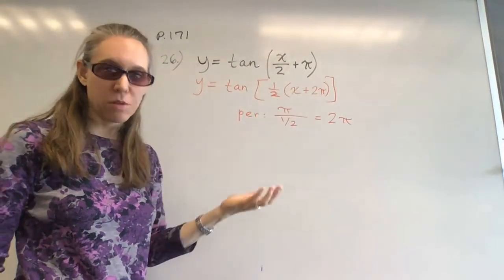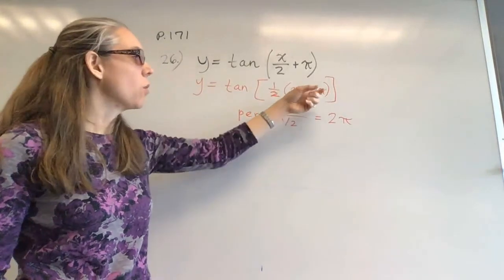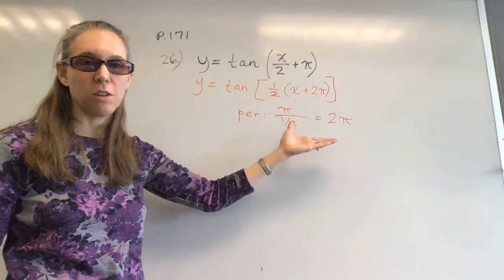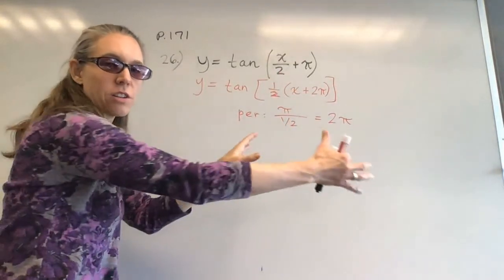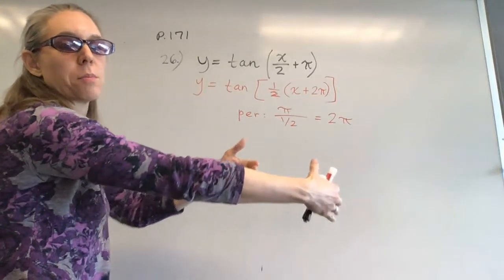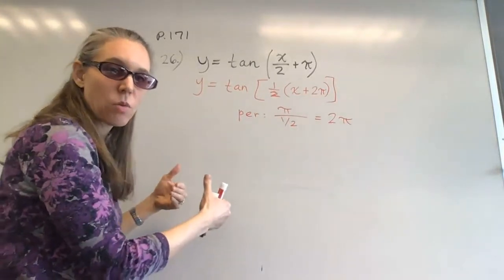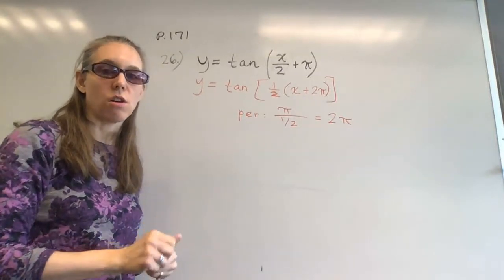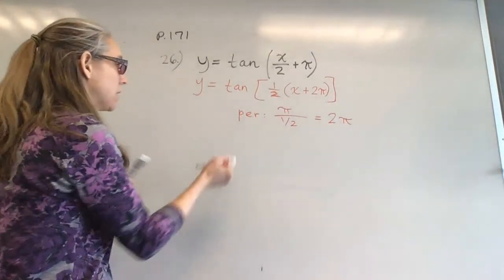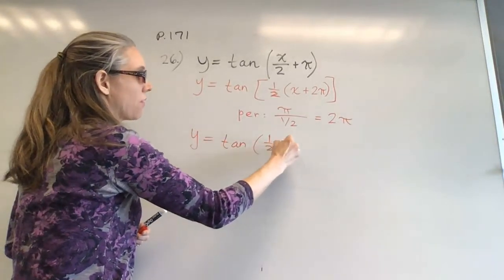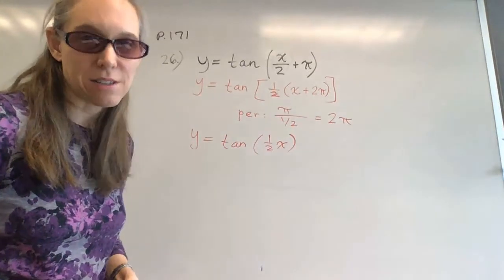And remember from a previous lecture, I said that when our horizontal shift is a multiple of the period, you can't even see it. All you're doing is shifting that wallpaper over to be on top of a previous pattern, which is identical. And so you're not going to notice any difference at all, which means that we can just graph this as y equals tangent of 1/2 x, and it's going to be an identical graph.